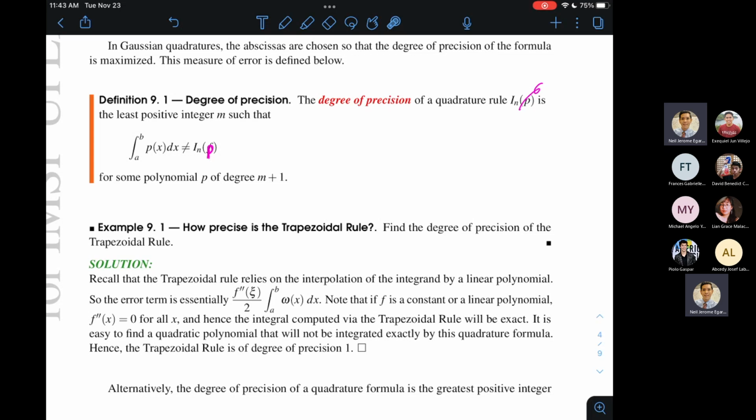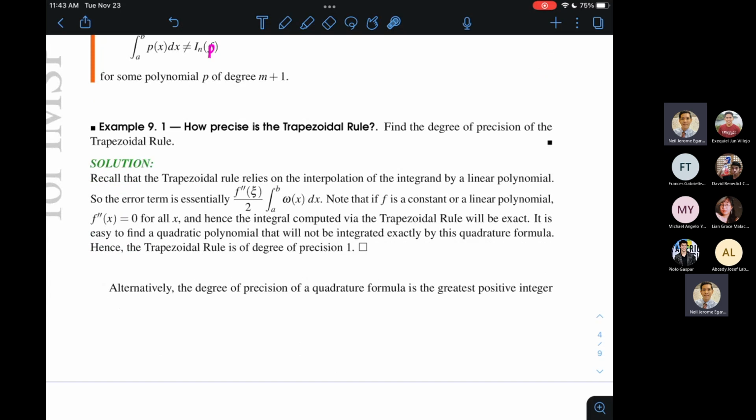Okay? So, let's see how precise the trapezoidal rule is. We need to look at up to what degree of polynomials the trapezoidal rule can integrate exactly. Okay? Or where the approximation we get from the trapezoidal rule is the exact integral of these polynomials. Now, an easy way to check it is to look at the error term.